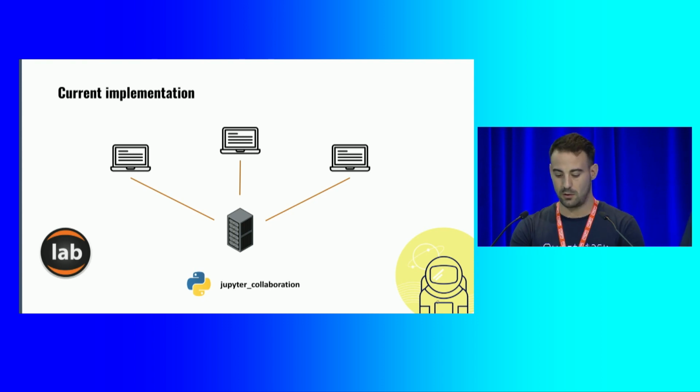It's called Jupyter Collaboration. And basically, the architecture is based on a central authority. We have a backend where every update from every peer is broadcast through this server. And at the same time, it's in charge of loading the documents from disk.